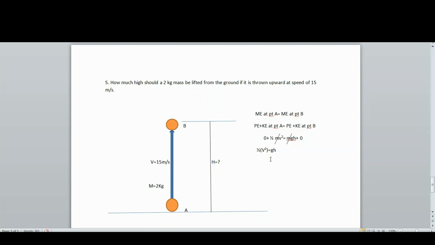So, from this, the height h equals 2g divided by v². We are going to divide it by v².